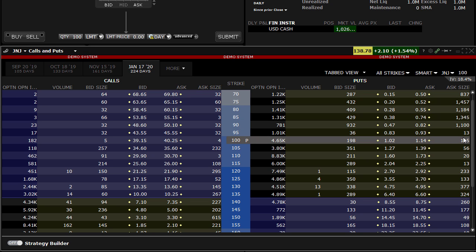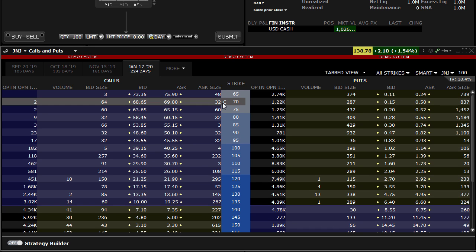So you wouldn't have to worry too much about the expiration date, but you're certainly paying a premium for the stock option, because if you look at the price, 138.78, and say you were to buy the 70 here, well, 138.78 minus 70 is 68.78, right? And so you would be paying 69.80 for this thing. So you're paying an extra, what is it, $1.50?